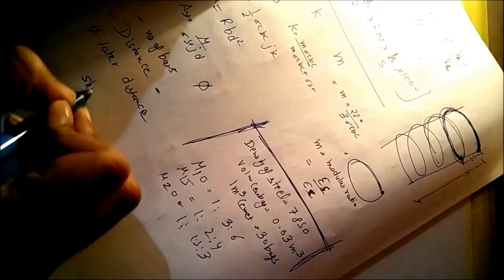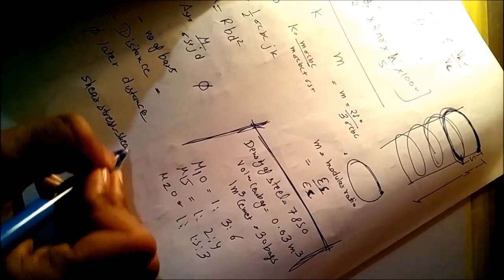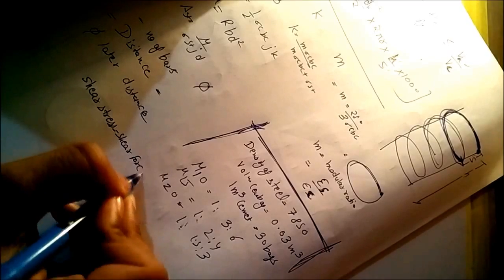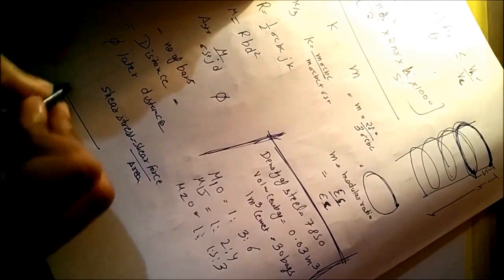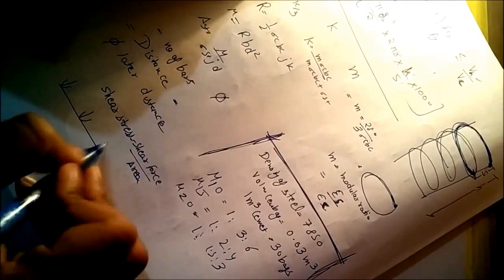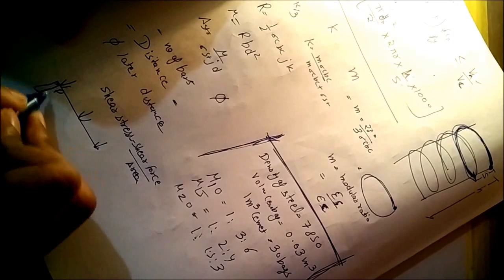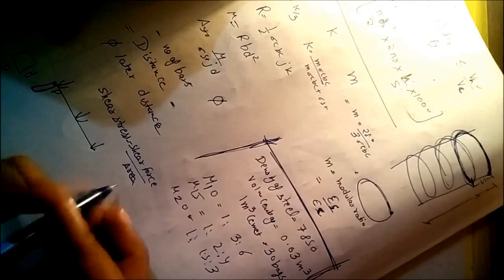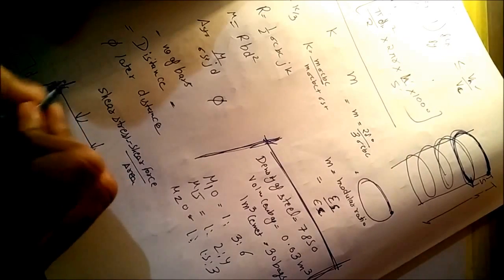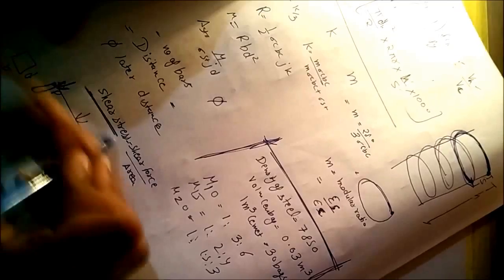We also know shear stress is equal to shear force upon cross section area. If this is the load and we have to find the shear stress at point P, and we are given cross section B into D of the beam, the shear force acting at P upon B into D will be the shear stress.